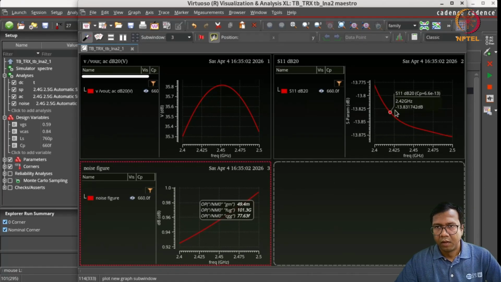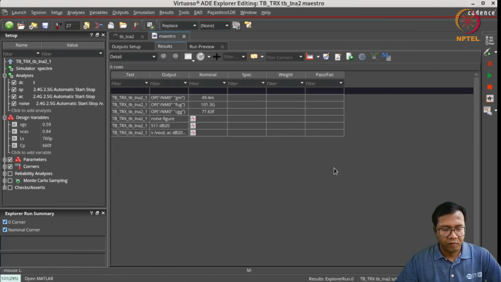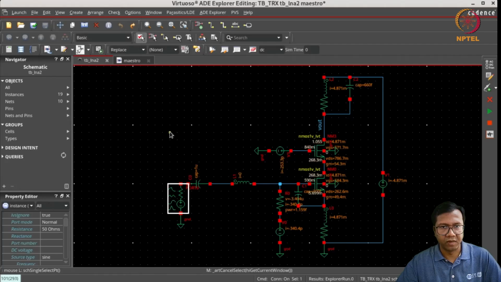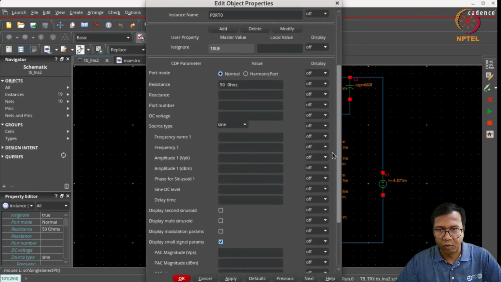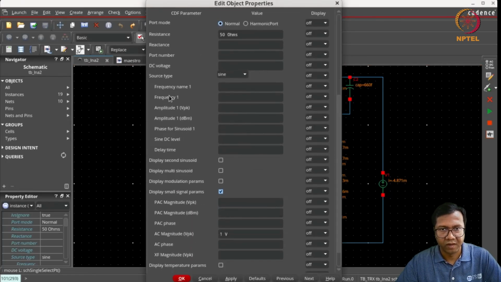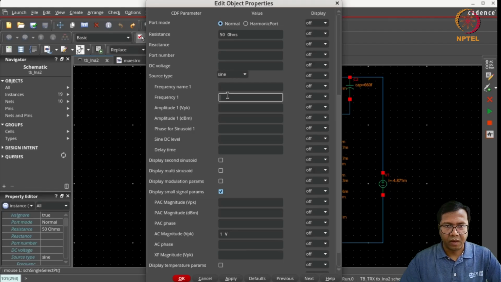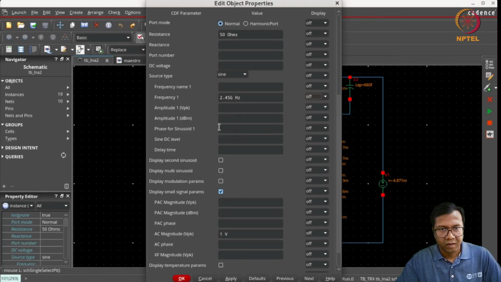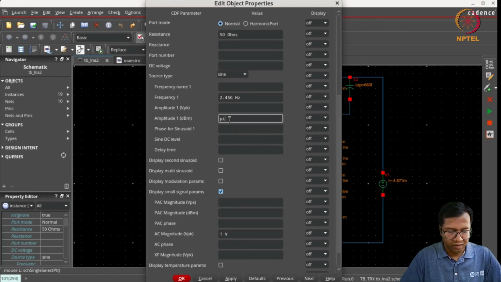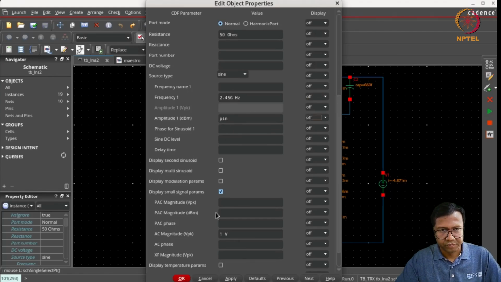Okay. So now we need to find the IIP3 for this circuit. For the IIP3 simulation, we can add two tones to our input source. For the first tone, we can add a frequency of 2.45 gigahertz with an amplitude, let's say some P in.